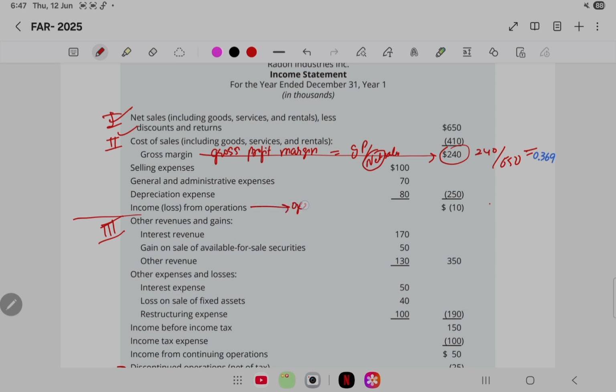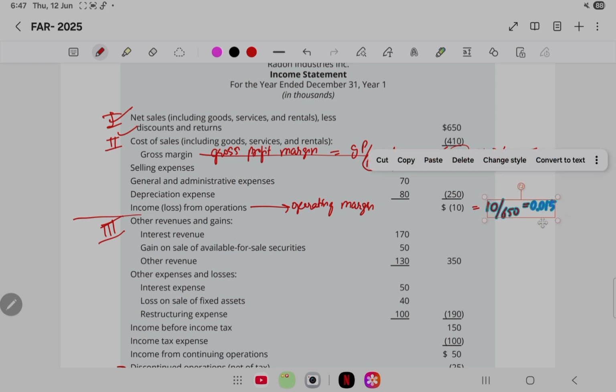How will we calculate it? 10 divided by 650. It comes at 1.5%, even in negative, as it is a minus, right? 10 is negative, so it is minus 1.5%.